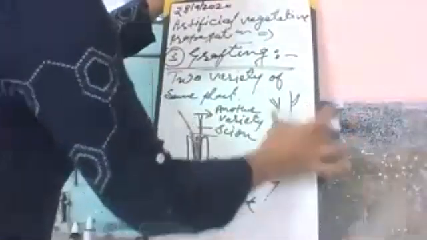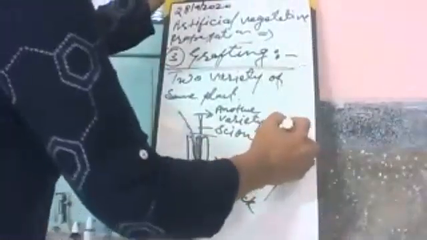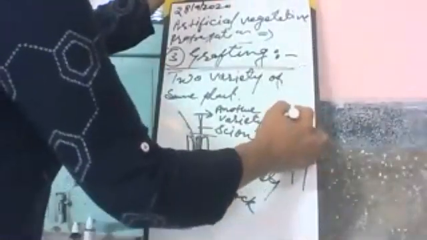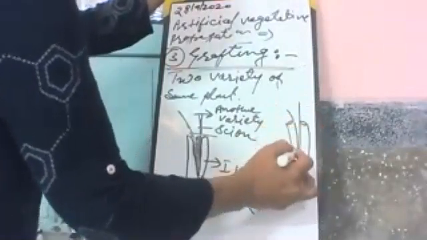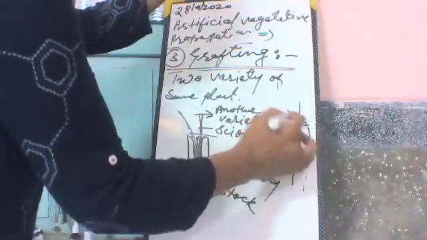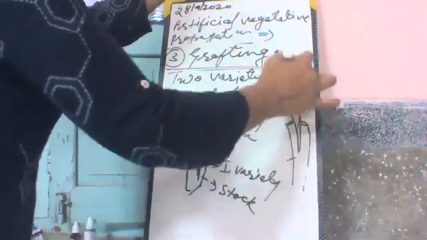After some time, the cambium layers of stalk and scion fuse together and develop into a new plant.